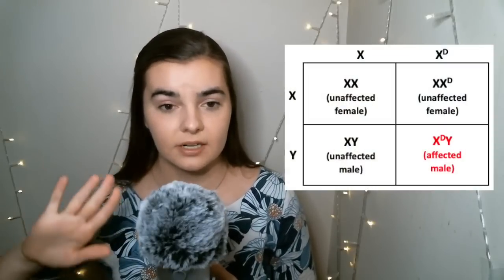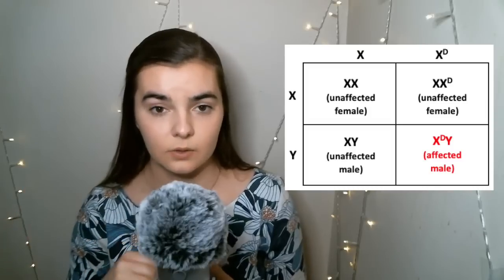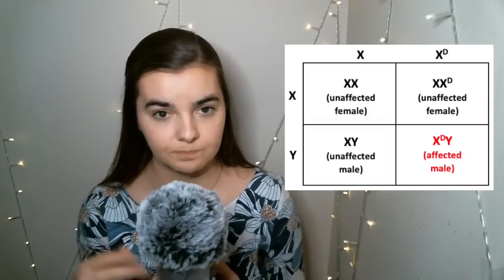This is a disorder that is caused by these types of mutations, and it's something interesting. So muscular dystrophy is actually a sex-linked disorder, meaning that the gene that codes for the dystrophin protein is located on the X chromosome.